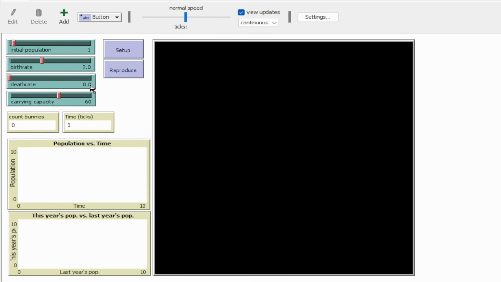In this case, d is 0, therefore our rate is going to be the same as birth rate, which in the previous model we set to 2. The only different thing here is the carrying capacity, that we are fixing to 60, so that's the maximum number of population. And we are going to do this with the rabbit population in this simulation.